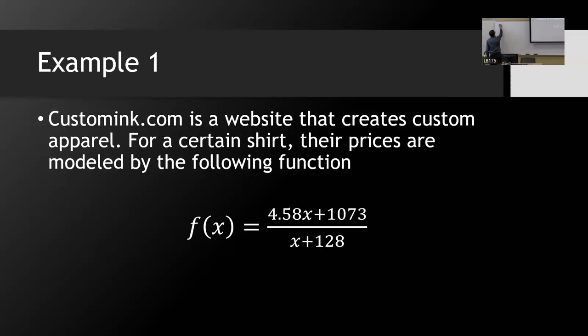Now, let's pretend that for a certain shirt, the price per shirt is modeled by 4.58 times x plus 1073 divided by x plus 128.